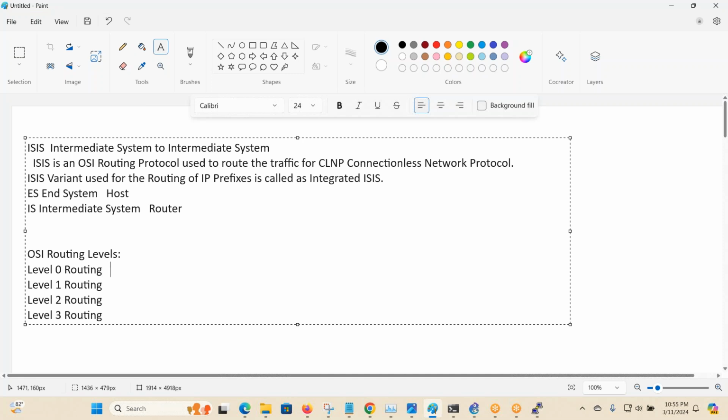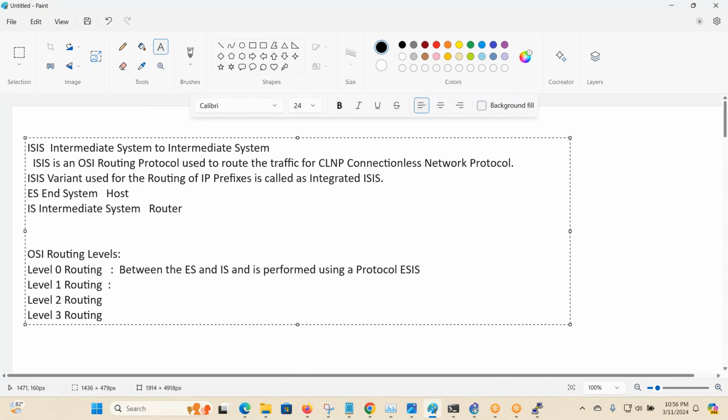So level 2 routing between the end system and intermediate system is performed using a protocol ESIS, end system to intermediate system.